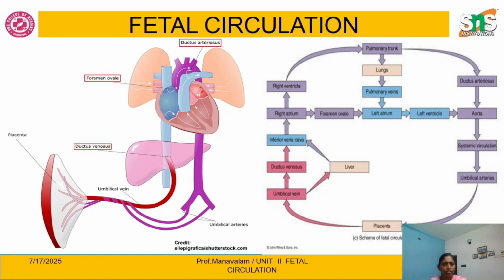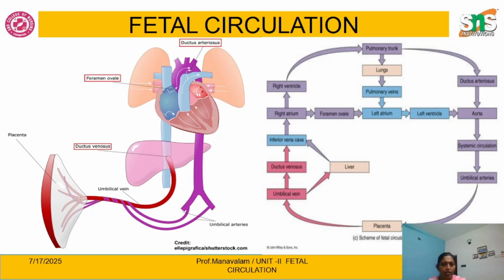During fetal circulation, while the fetus is inside the uterine cavity, certain temporary structures are formed, connecting to the permanent structures. Take as an example the umbilical vein, which is connected with the inferior vena cava through the ductus venosus. Next, there is a passage between the right atrium and the left atrium.